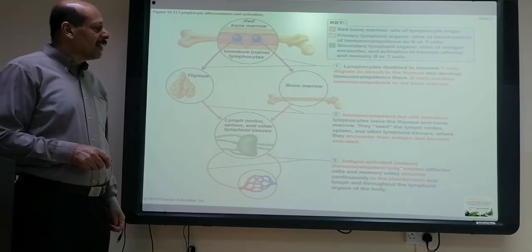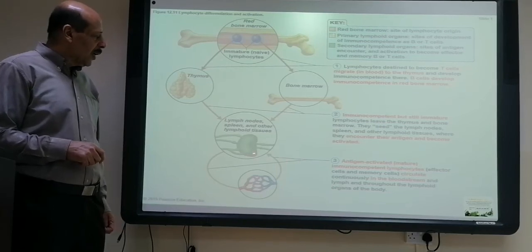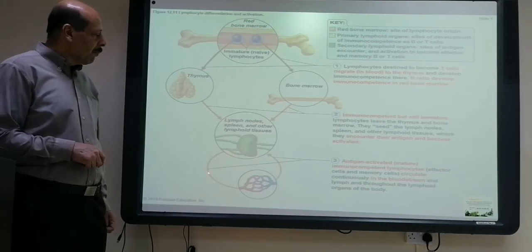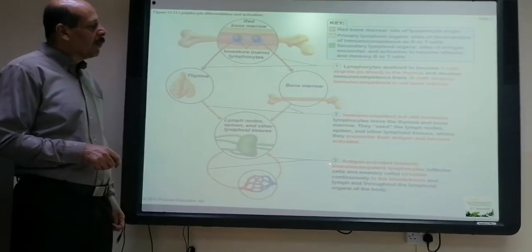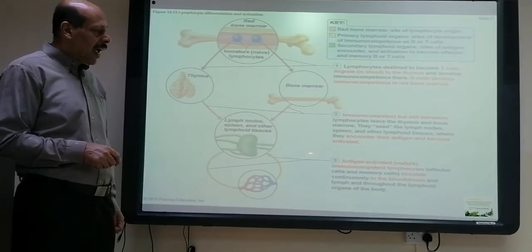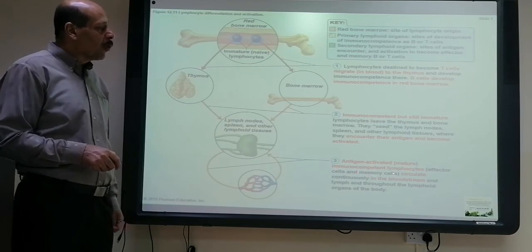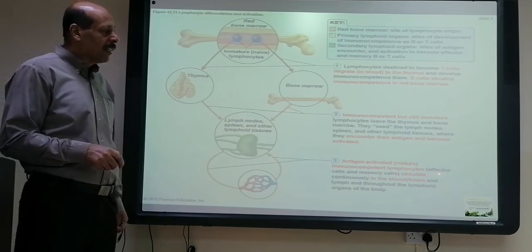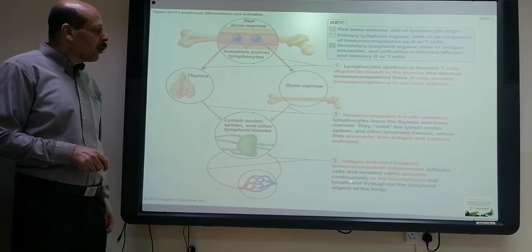Antigen activated, they become mature. Then from the lymphatic system they go to the blood as activated mature immunocompetent lymphocytes; effector cells and memory cells circulate continuously in the bloodstream.